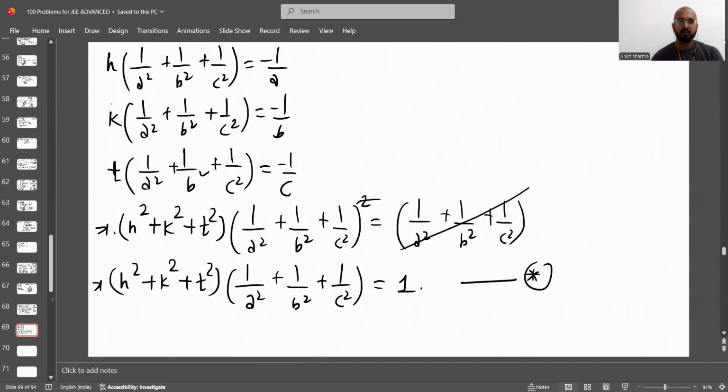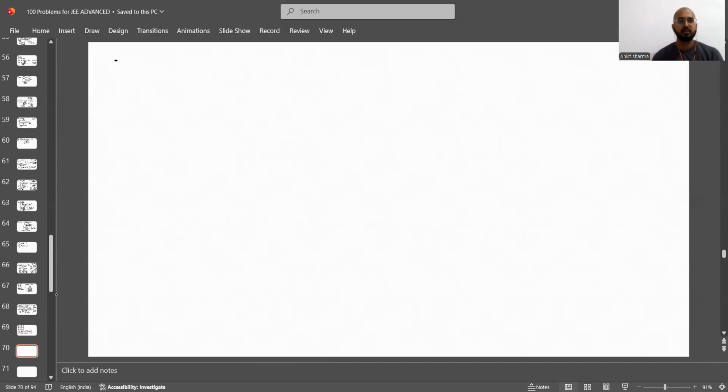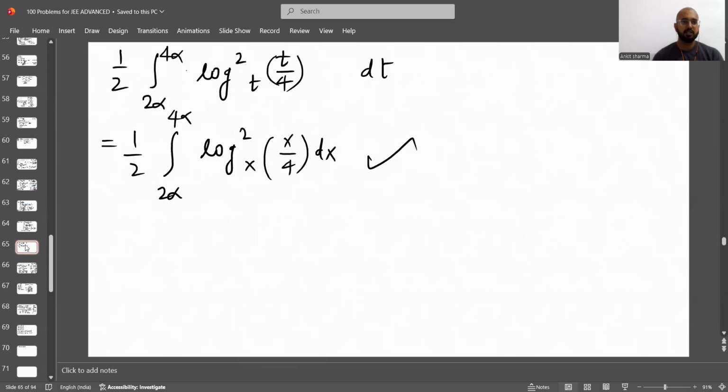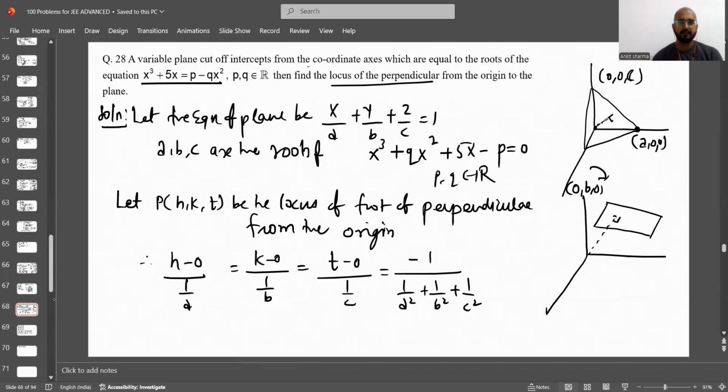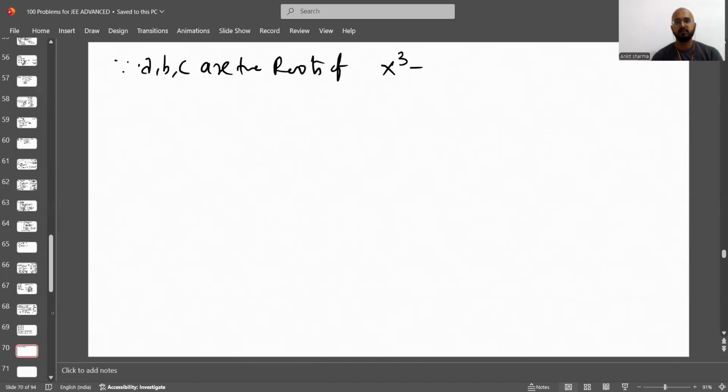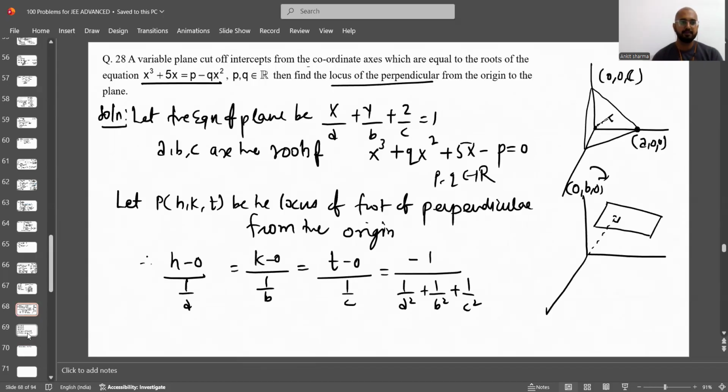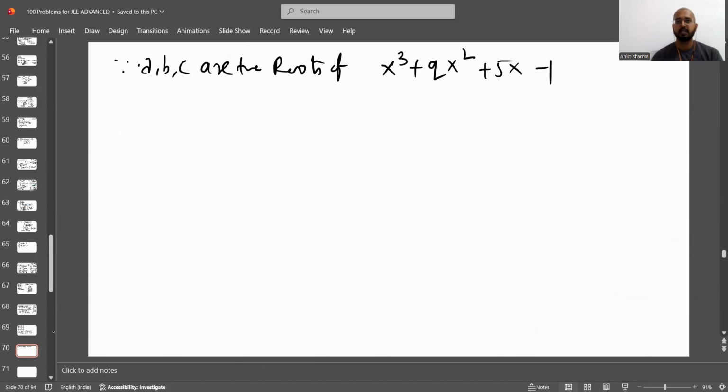Since a, b, c are the roots of x cube plus qx square plus 5x minus p is equal to 0, from the sum of roots I get no information.